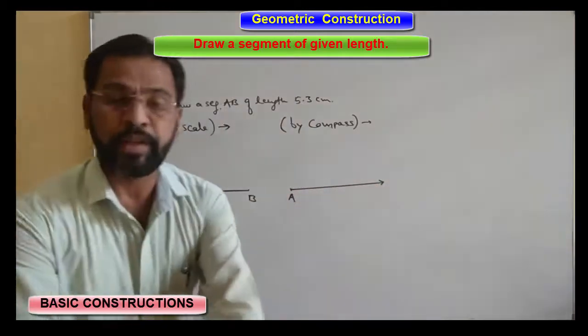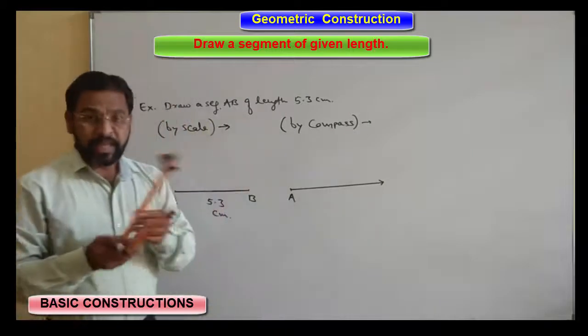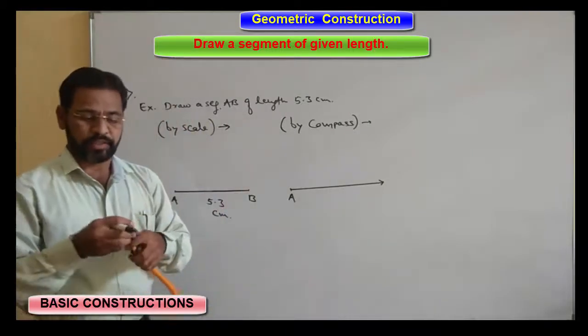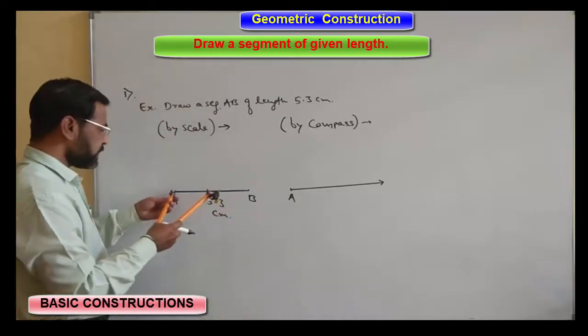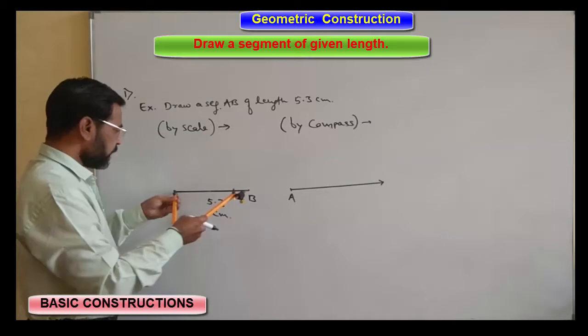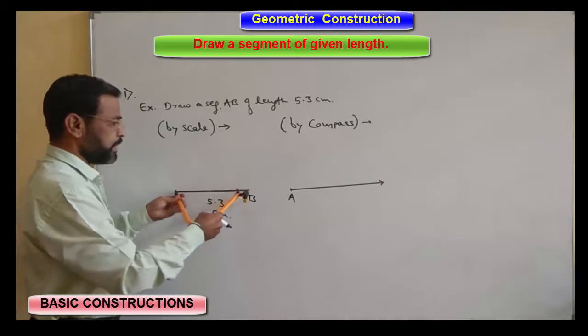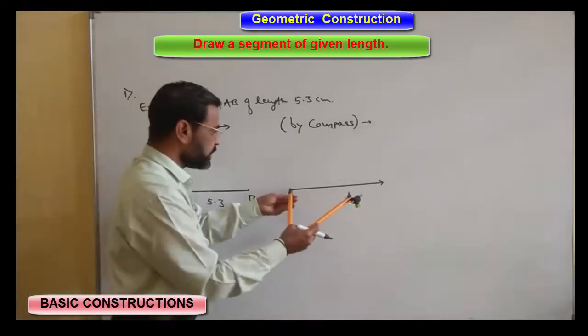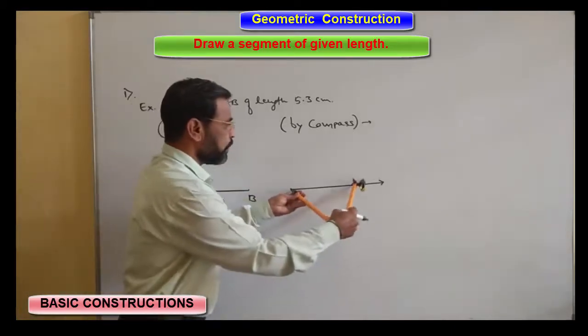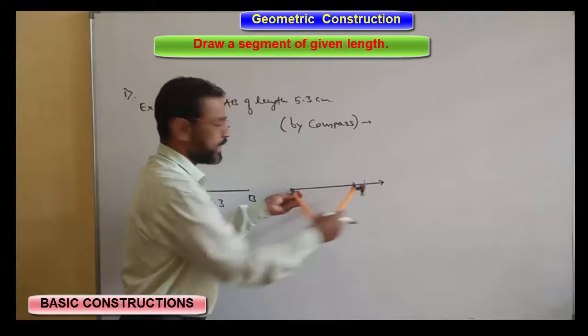Now we are going to take the compass. In that compass, just see here, I am going to take the same distance, that is AB. I put the compass on this particular point and try to draw an arc here, like this.